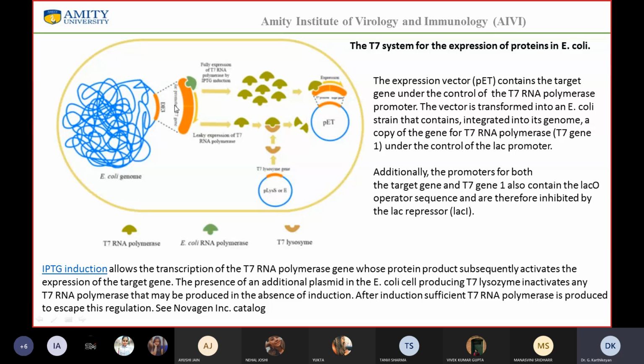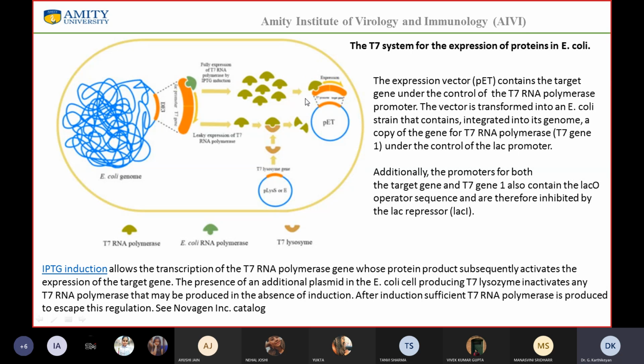And so this is the LAC promoter and the T7 RNA polymerase gene. Okay, so this is the E. coli RNA polymerase. So the moment you add IPTG, right, the LAC repression is gone. Okay, and the E. coli RNA polymerase starts transcribing the T7 RNA polymerase gene. Okay.